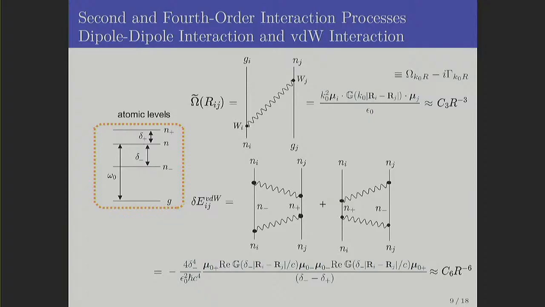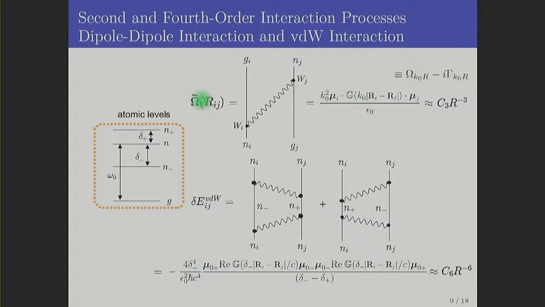Then we are going to consider the interatomic interactions. And we have 2 kinds of interatomic interactions. First, we have the dipole-dipole interaction, which describes the resonant energy transfer between an excited atom and a ground atom.